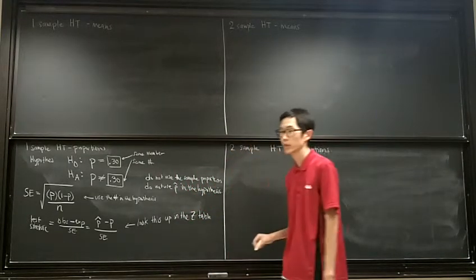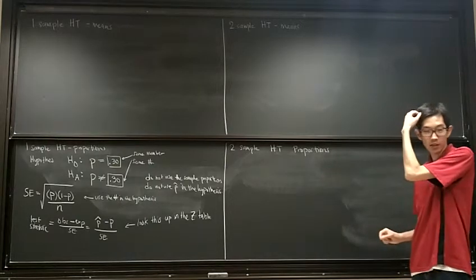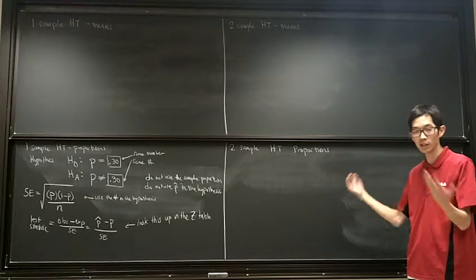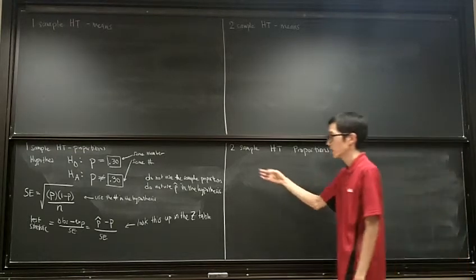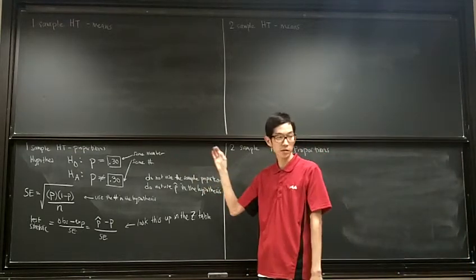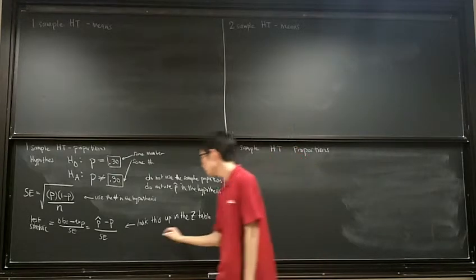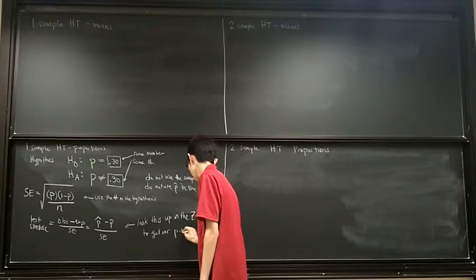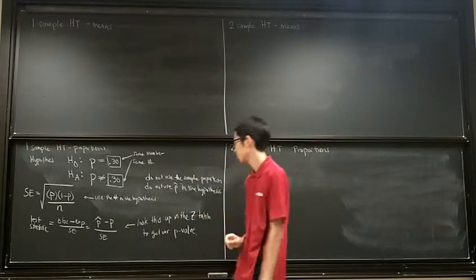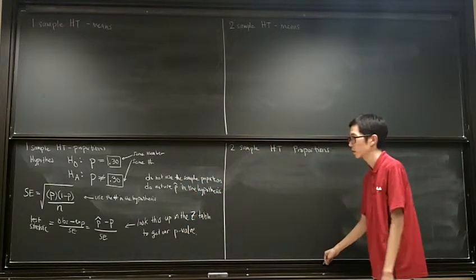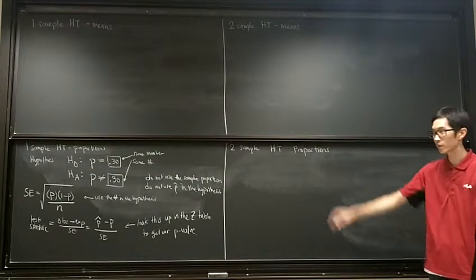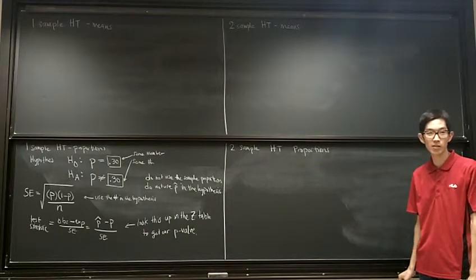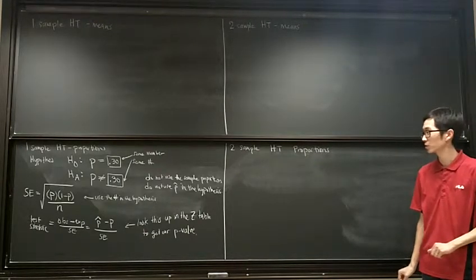And then I either take the area to the left or to the right, or I double it, depending on whether I have a one-tail or two-tail test. Look this up in the z table to get our p-value. So that's the process that we go through for one-sample hypothesis tests for proportions.